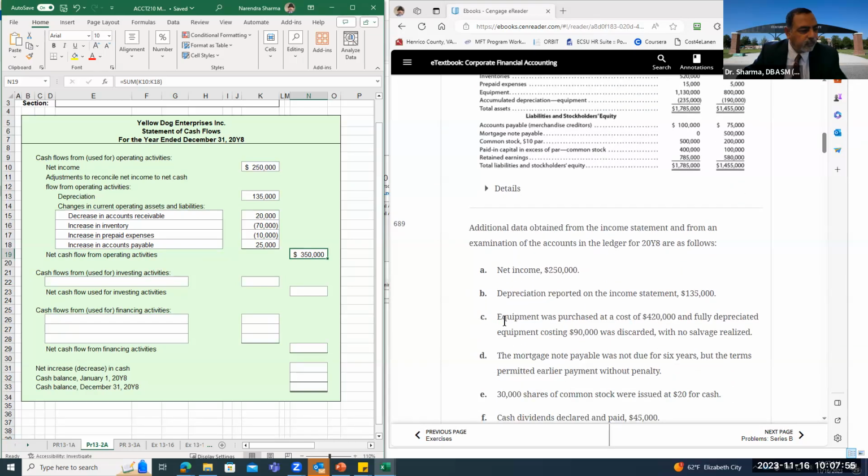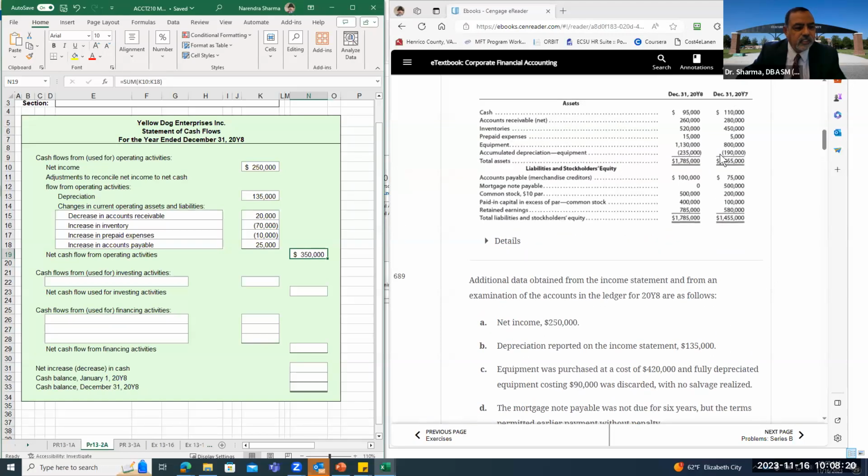It says equipment was purchased at a cost of 420,000, and fully depreciated equipment costing 90,000 was discarded with no salvage value realized. We are given that information directly, so let's check whether it checks out.